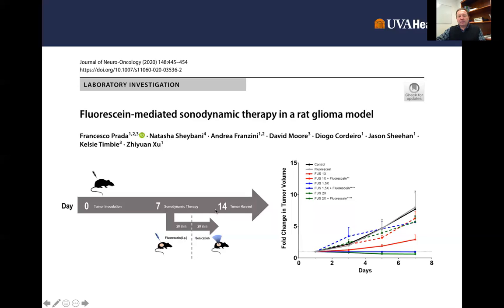So as shown in this study, fluorescein, when delivered to glioma in the rat model, could lead to ablation of the tumor cells in combination with focused ultrasound, and reduce the total tumor volume as shown in this study.